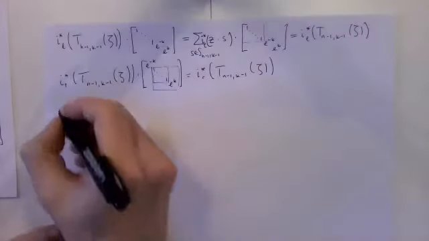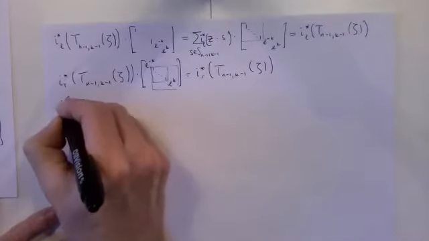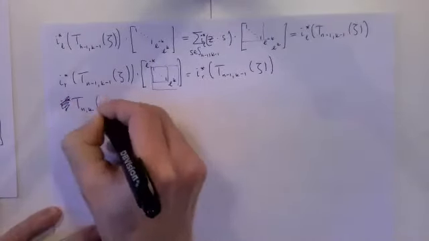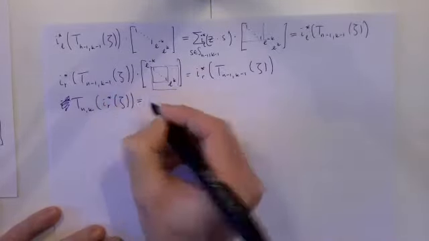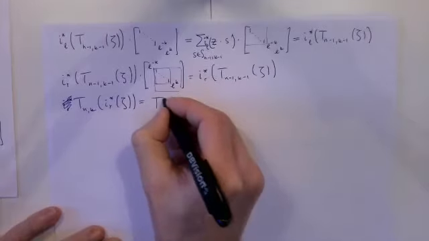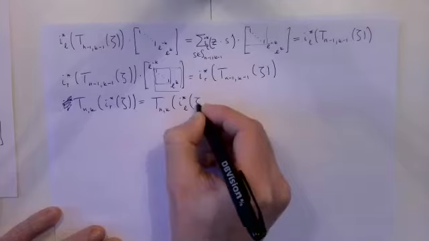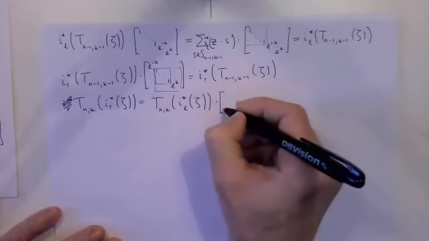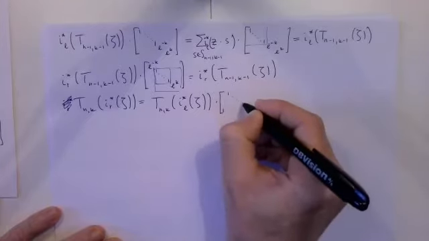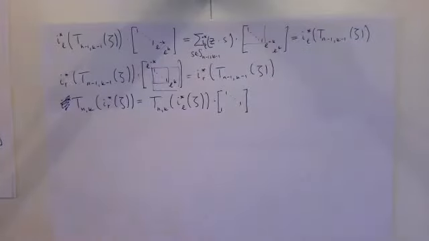So we get additionally that T and K of IR zeta is equal to Tn k of IL zeta times this permutation matrix.